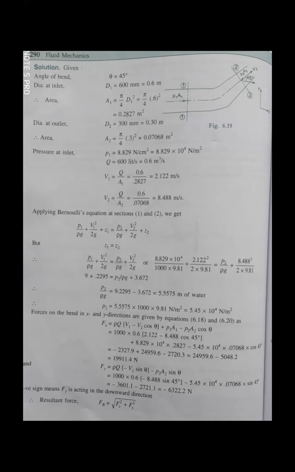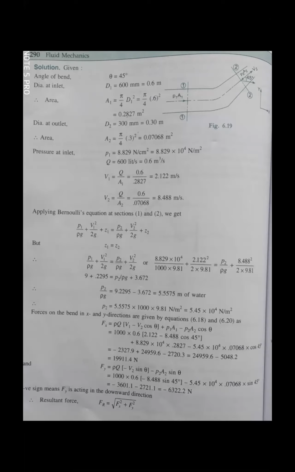But in the figure, either 3-dimensional or 2-dimensional has to be shown, and therefore the figure will not convey z1 equal to z2 directly. But here the pipeline is taken in the horizontal plane.